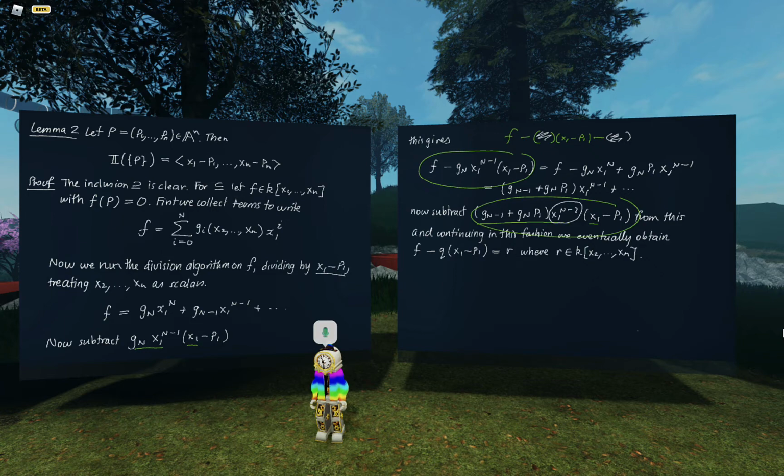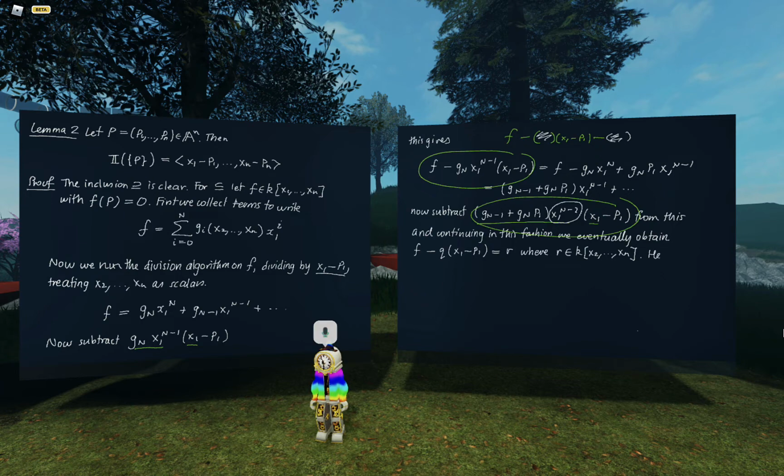I just talked about powers of x1, but obviously I could have said the x1 degree is decreasing by 1 in each step, and eventually it gets to 0. And if something has x1 degree 0, then it must contain only the variables x2 through xn. I want to avoid using the word degree because there's more than one variable here, so the degree is ambiguous. I have to say x1 degree, something like that.